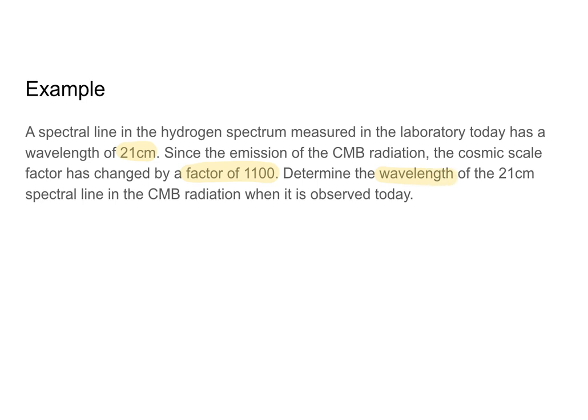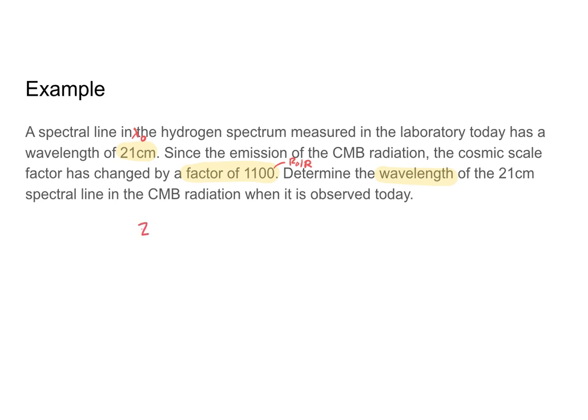So I'm going to go ahead and start by just labeling my variables. Lambda naught, that's going to be the wavelength when that light was emitted. And we know that the scale factor has changed by a factor of 1100. So that's going to give me R naught over R. And from here, it should be pretty easy to solve this question.